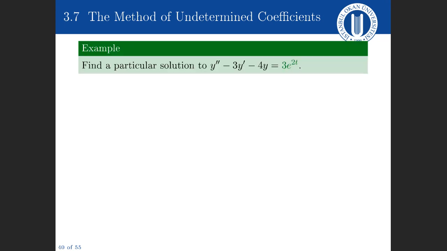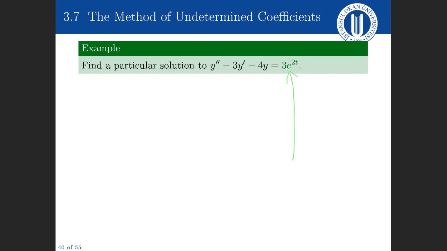For example, find a particular solution to y double prime minus 3y prime minus 4y is equal to 3e to the power 2t. We have g(t) equal to 3e to the power 2t. That's a number multiplied by e to the power 2t.